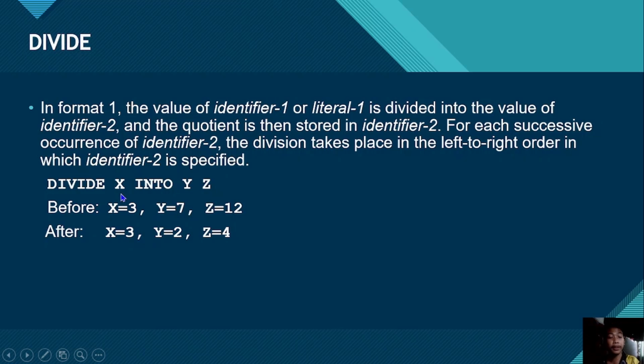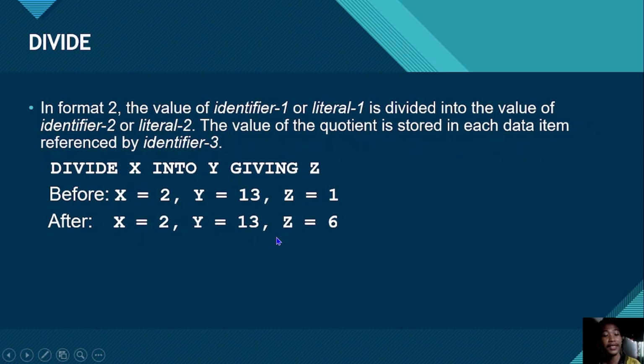So meaning 7 divided by 3 would give us 2 and 12 divided by 3 would give us 4. So if we want to store it to a new variable, the same steps, so 13 divided by 2 would give us 6.